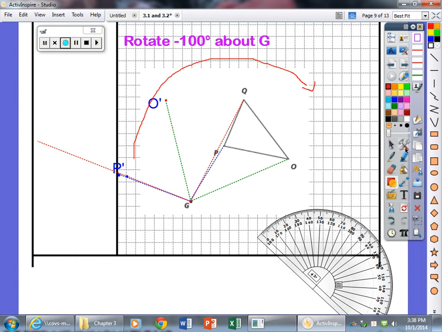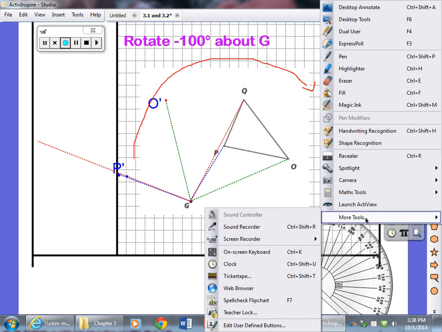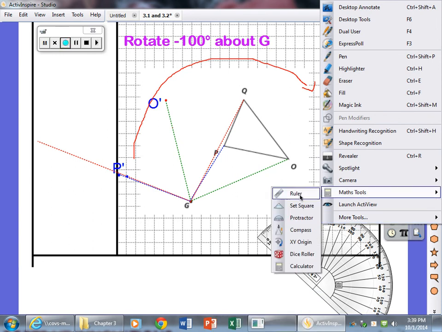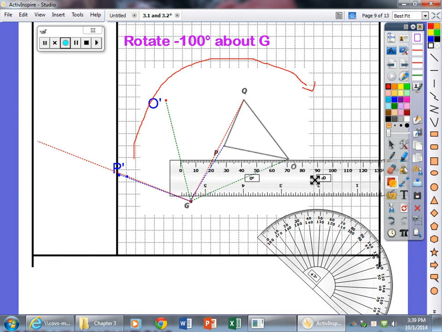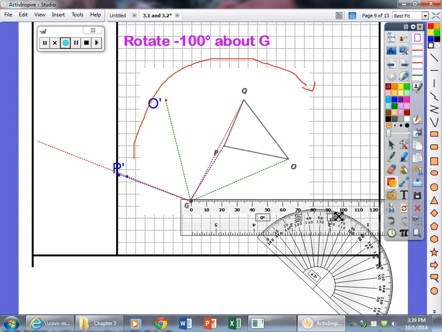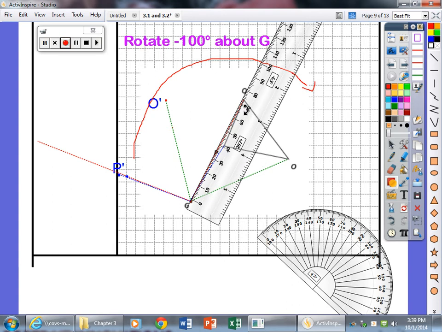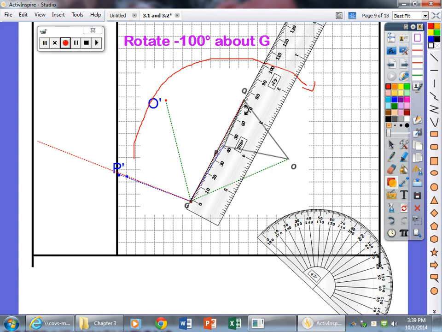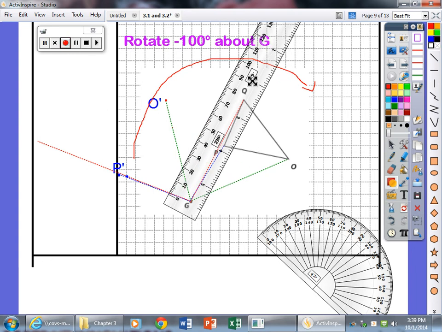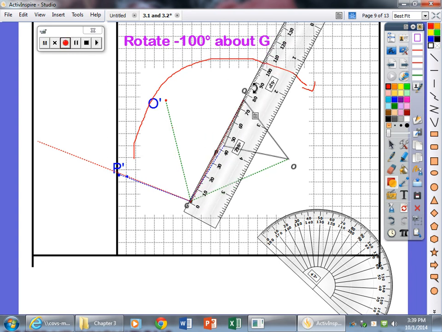And then I need to measure, so I'm going to see if I can find my math tools here. Right there they are, and I'm going to get a ruler so that I can actually measure it correctly this time. So I'm going to put it there. I'm going to turn my ruler up. It's about 75. So now I'm going to bring my ruler on around here.